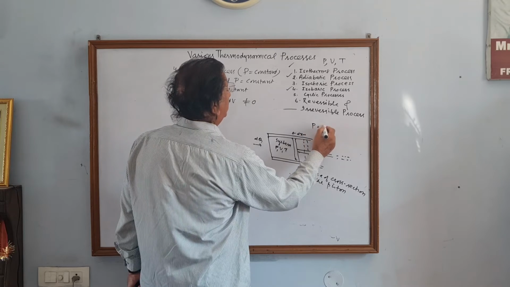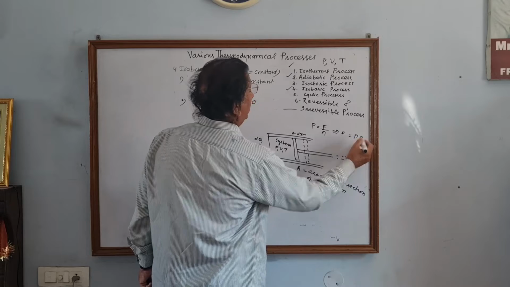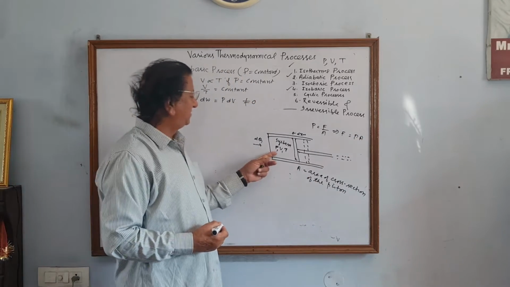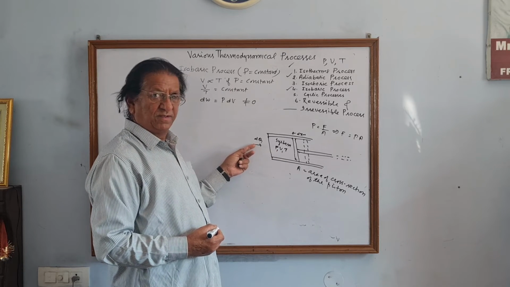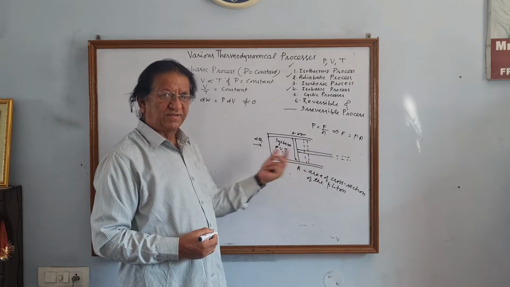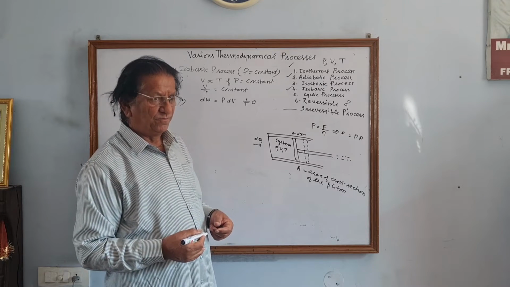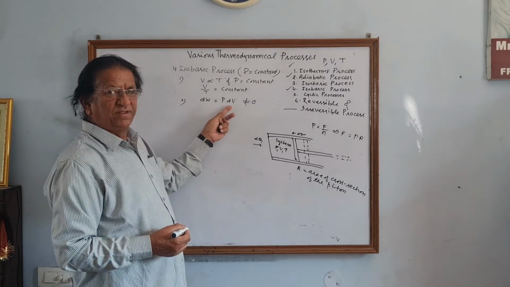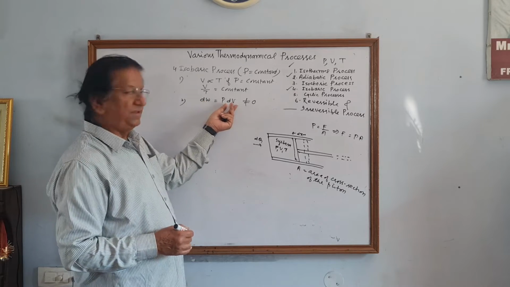You know, pressure is force upon area. The force developed is pressure into area. When you supply heat energy, the piston will be pushed out through a certain distance. Work will be done. Whenever there is a displacement, work has to be done. In thermodynamics, the work done is pressure into change in volume. It means work will be done on the system or by the system if there is a change in volume.